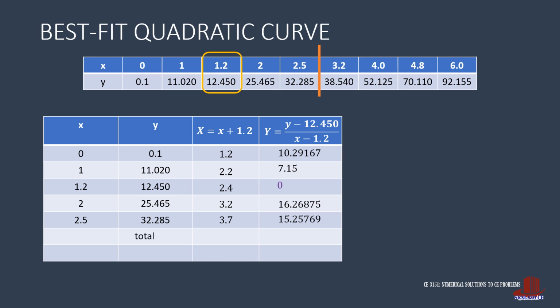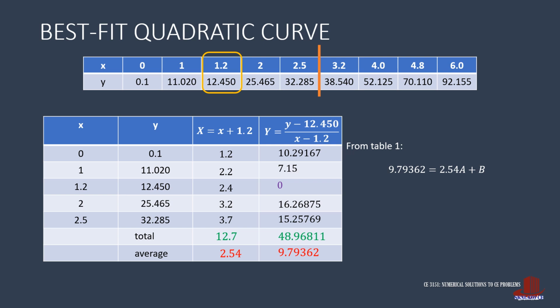Next is to take the total of the last two columns. So capital X has a total of 12.7, and capital Y is summed up as 48.96811. Their averages are taken by dividing the total by 5. So capital X turns into 2.54, and capital Y is 9.79362.